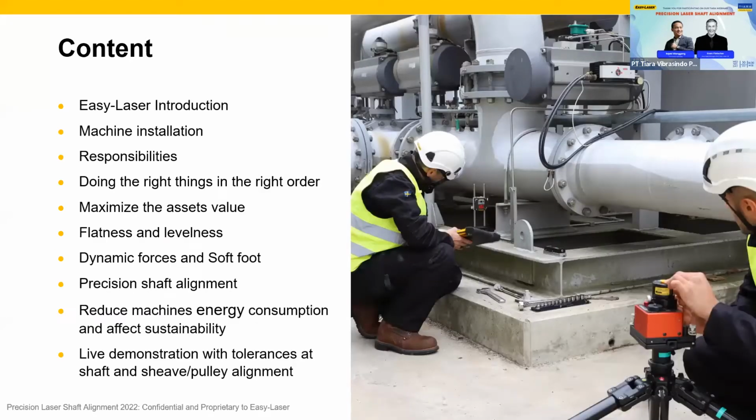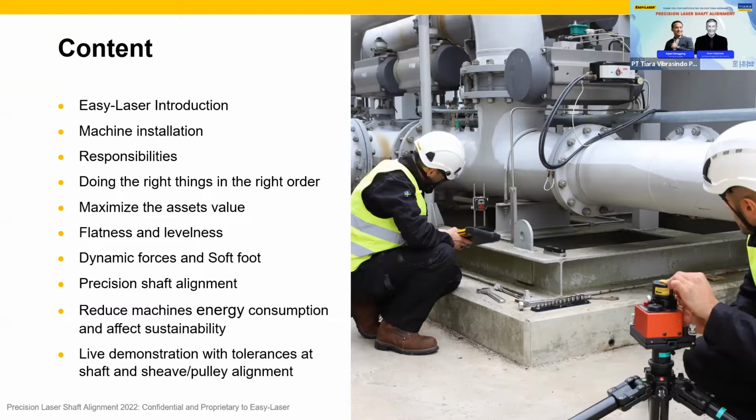The content of today's presentation is machine installation, reliability, responsibilities, doing the right things in the right order, maximizing the asset value. We talk a little bit about flatness, levelness, issues related to the machines that come through dynamic forces and soft foot, then about precision shaft alignment.